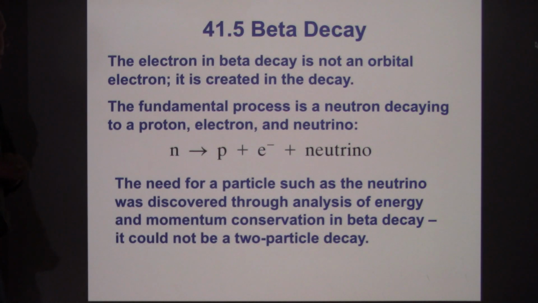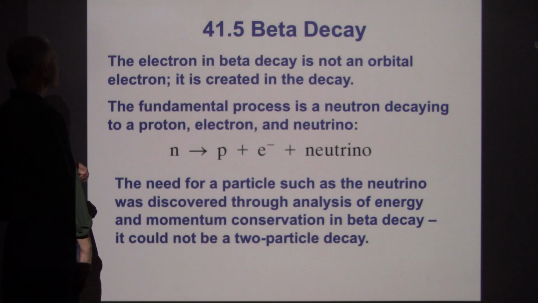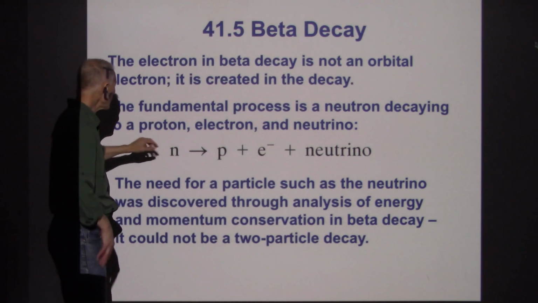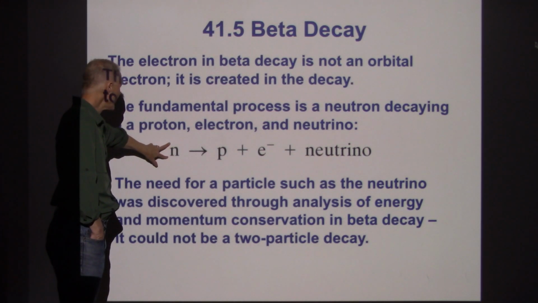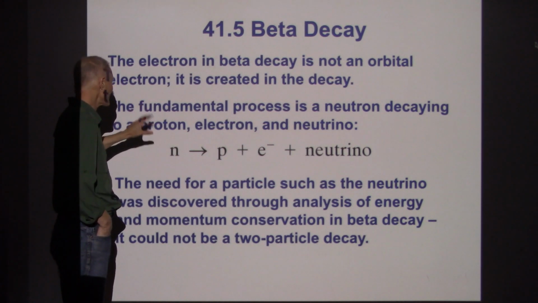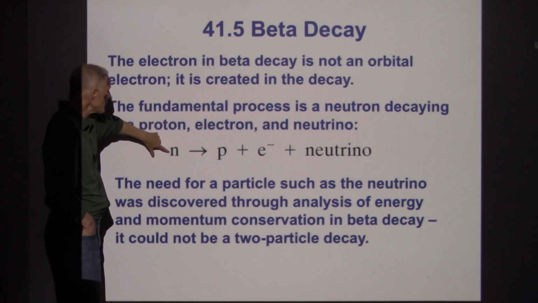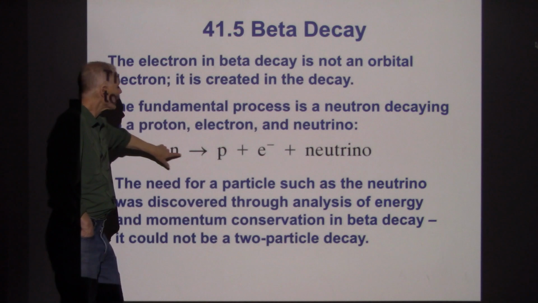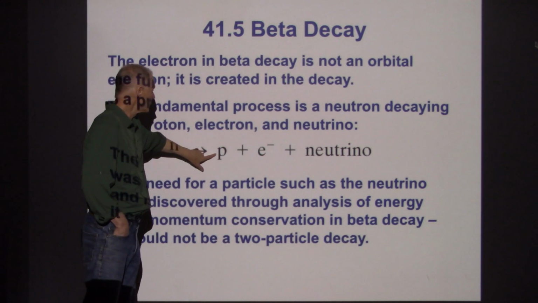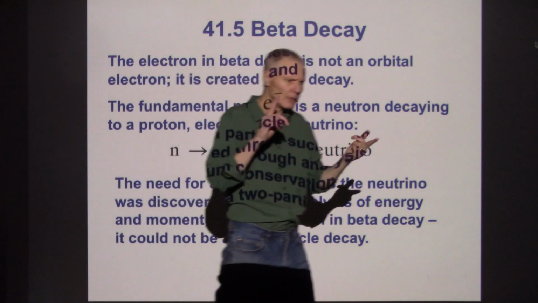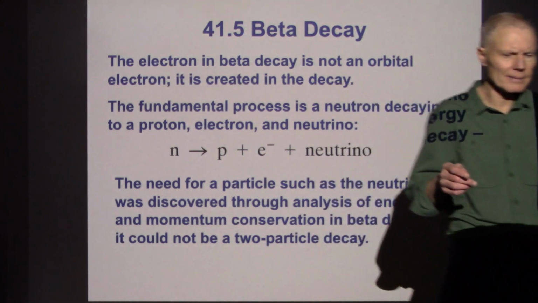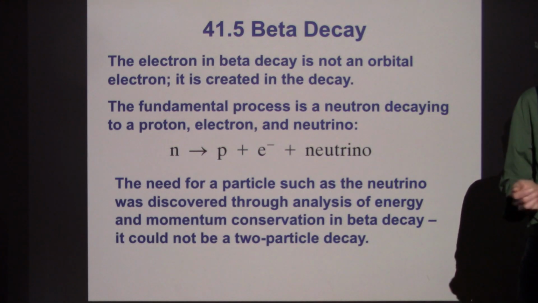Now, it is beta decay. So they're going to say that in beta decay, which is accurate, one of the neutrons converts into a proton. We've been talking about how neutrons and protons are, in some ways, very closely related particles.